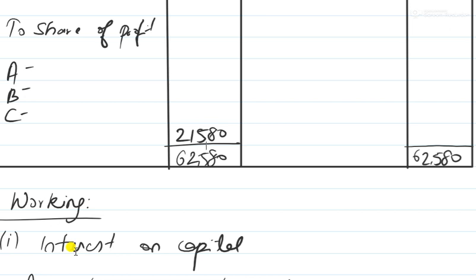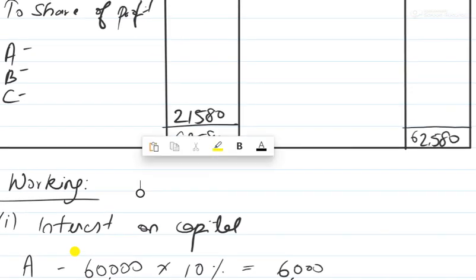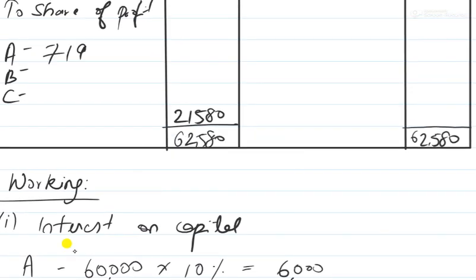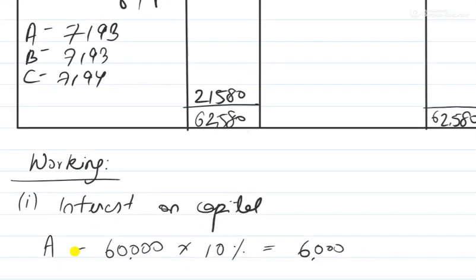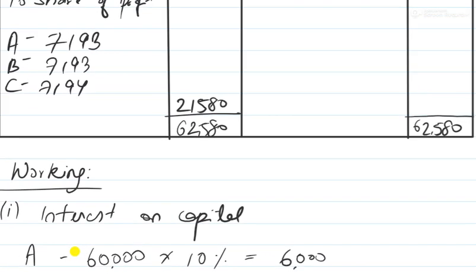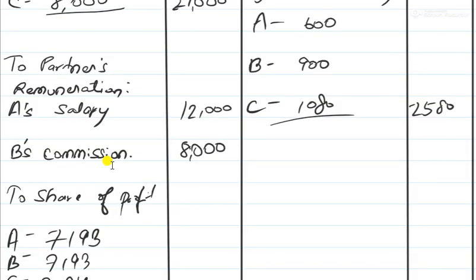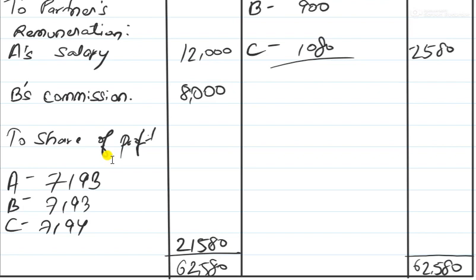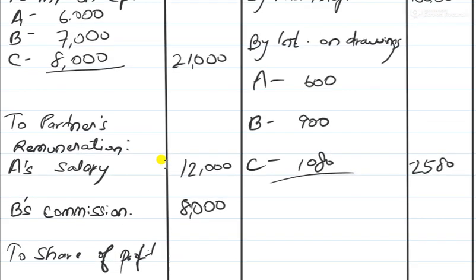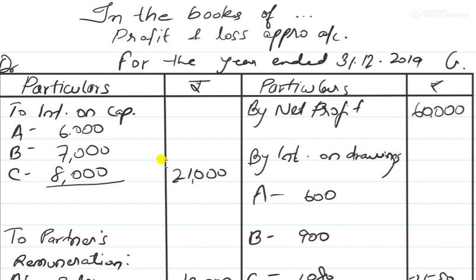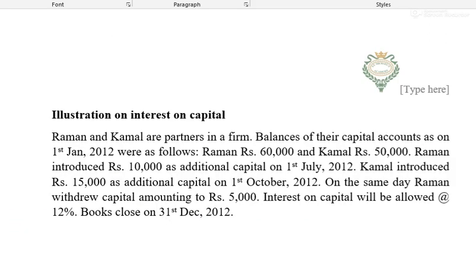So 21,580 divided by 3 is equal to 7,193, 7,193 and 7,194, so that the total comes to 21,580. So this was a very simple illustration of profit and loss appropriation account. Please copy this, and I'm really very sorry if the handwriting is very bad. It's not very easy to write on screen, so thank you for bearing with me.